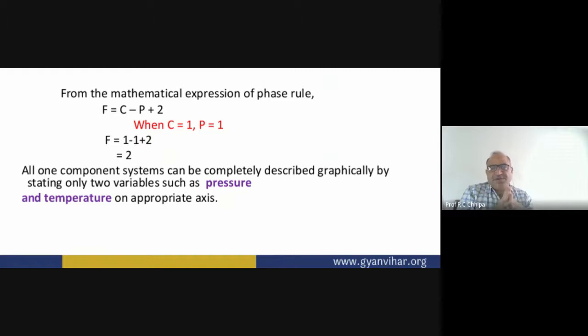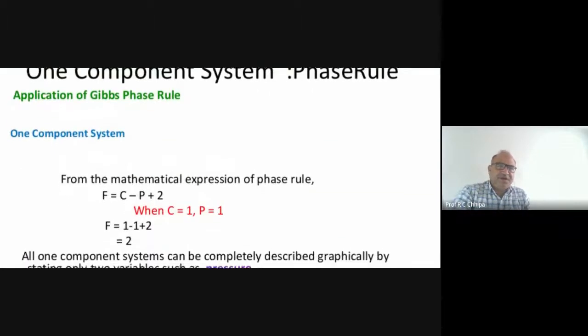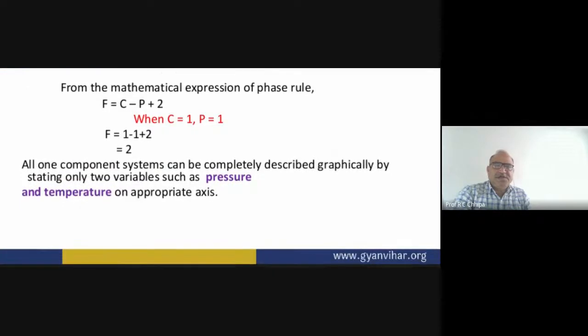Here is the mathematical relationship of the phase rule, and this phase rule indicates that F is equal to C minus P plus 2. The number of degrees of freedom is correlated with the number of components, then this is subtracted by the number of phases and 2 is added.